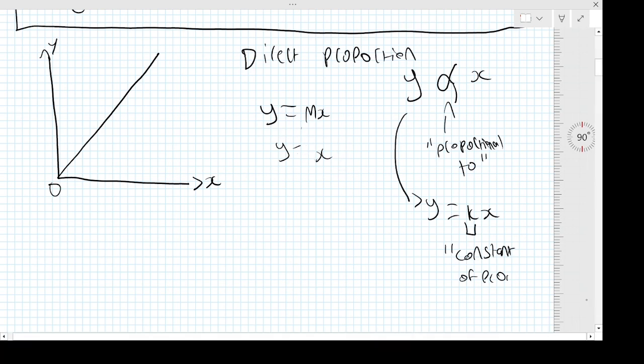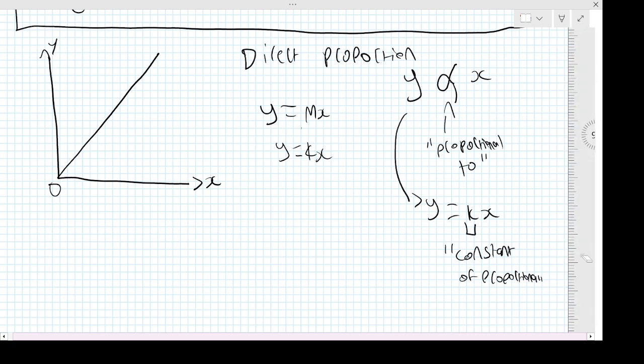But in this particular case of direct proportion, we have this idea of a constant, k, which is the proportion rate, or the constant of proportionality.